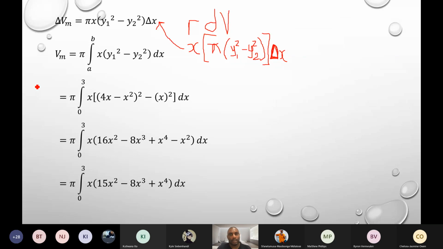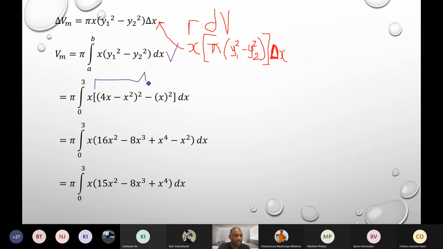Now, if you look at it, what you should do, if I can just go through it, let me change my color. Let me use purple. What you should do is, when you put the formula on this step, simplify what is inside the big bracket, like simplify y1 squared minus y2 squared here. What is inside the bracket here?